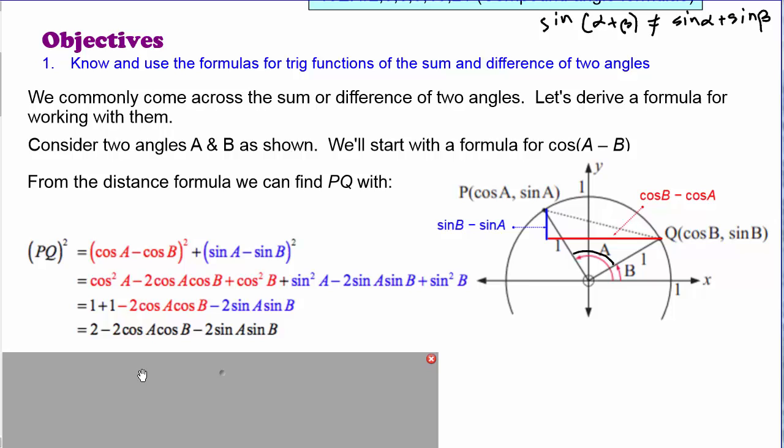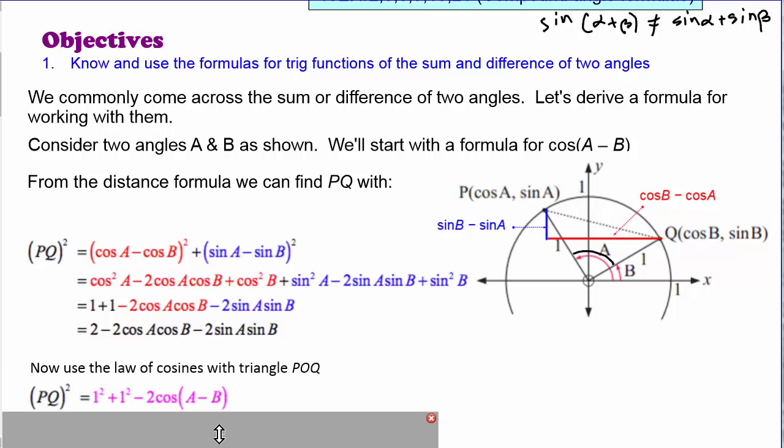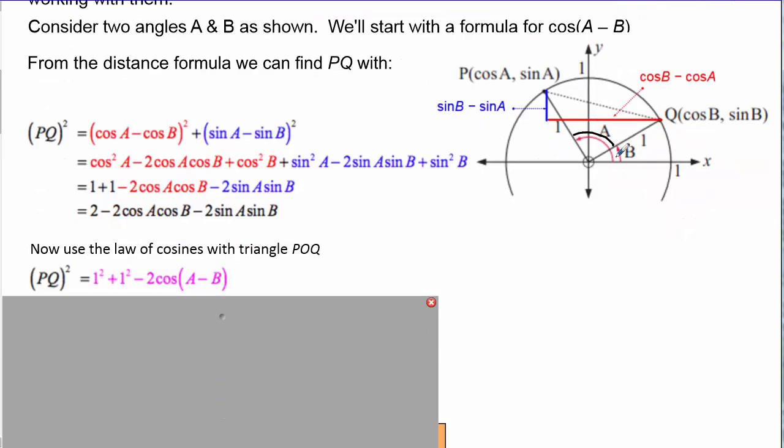Now I'm going to do the same thing, but I'm going to look at this from another angle, using the cosine rule in this triangle OPQ. This triangle starts at the origin and has vertices at P and Q. So I have this angle A, and I have the unknown side, which is PQ squared. So from the cosine law, we get that PQ squared, this side, is the other side squared plus the other side squared, right?